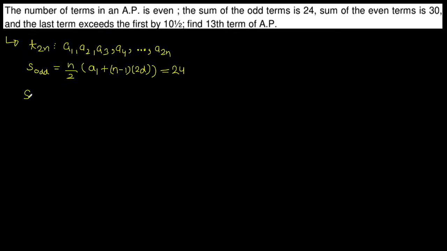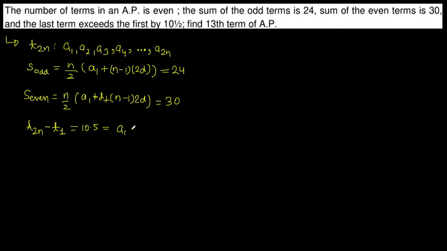The sum of even terms is n by 2 (a1 plus d, plus (n minus 1) into 2d), which is equal to 30. The last term exceeds the first term by 10.5.